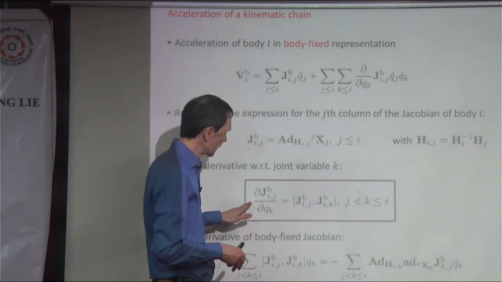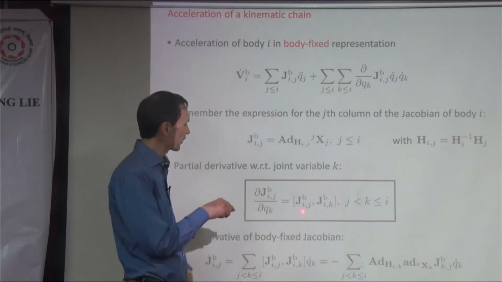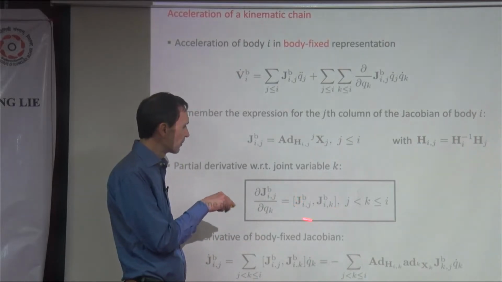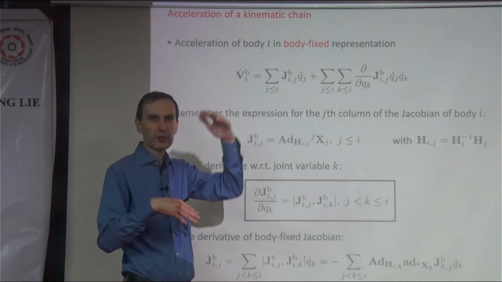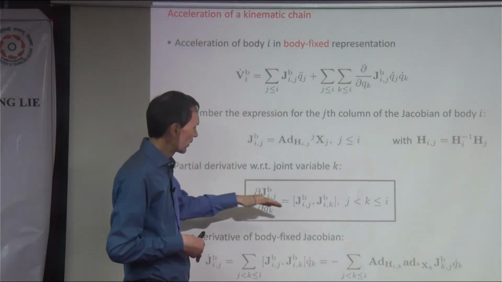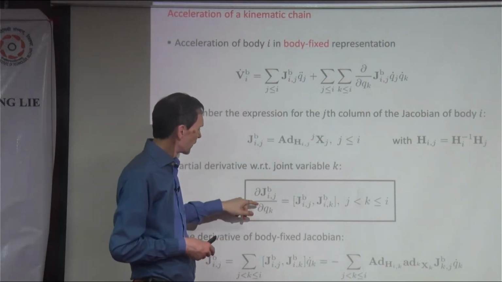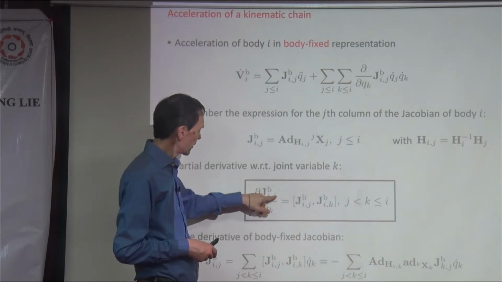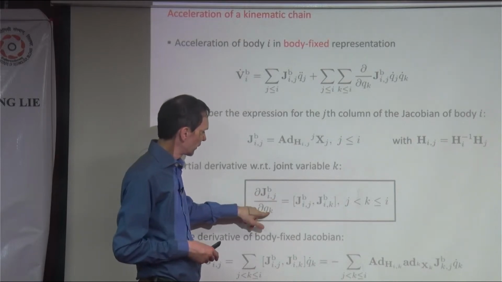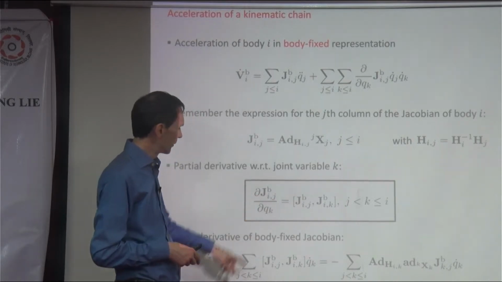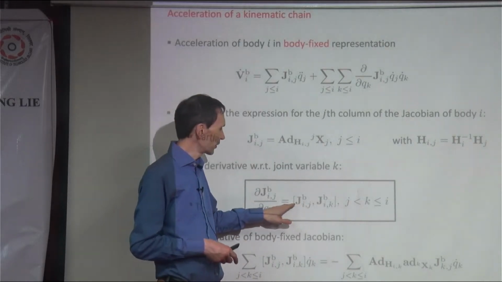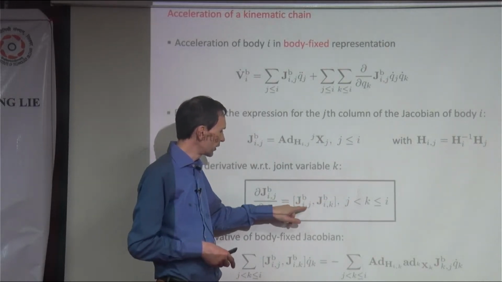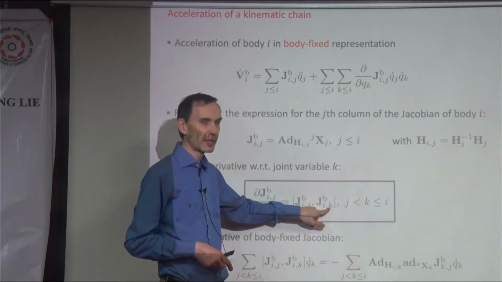Remember, that was the Lie bracket, and the Lie bracket was just this very simple expression with the cross products. The outcome is that if you take the partial derivative of the jth column with respect to the joint coordinate k, it's just the screw product, which means the Lie bracket of column j with column k.